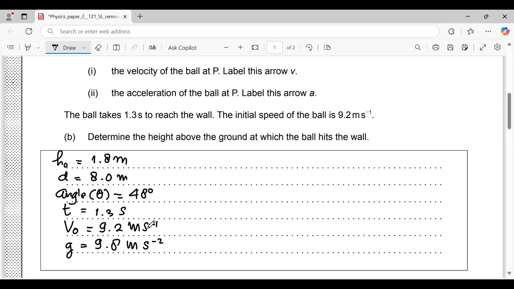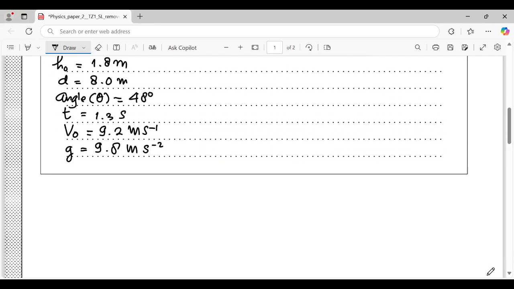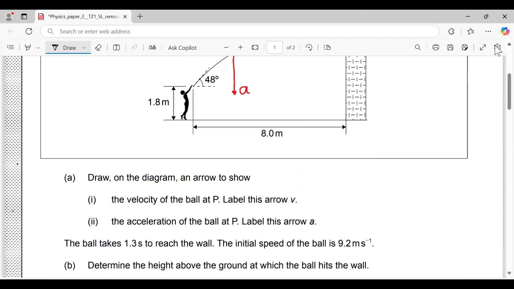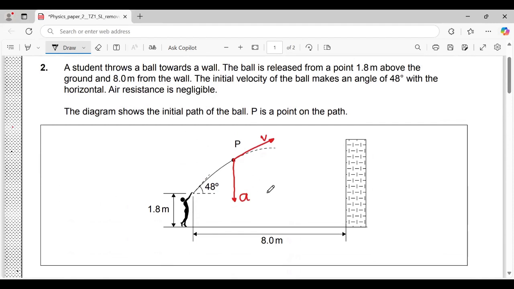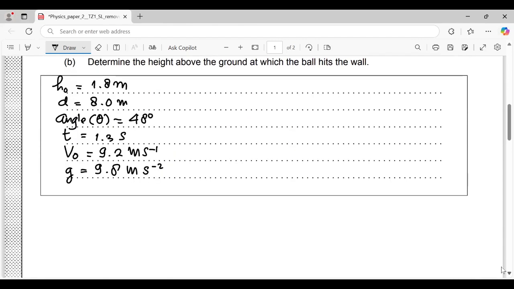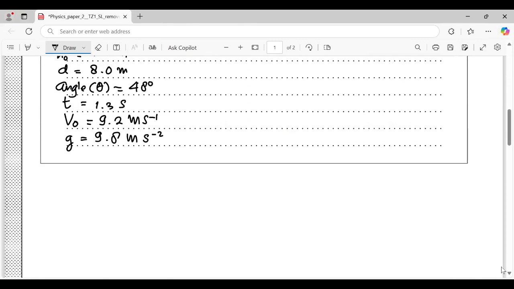After that, I'm going to determine the components. There are two components acting on this ball, the horizontal component and the vertical component.